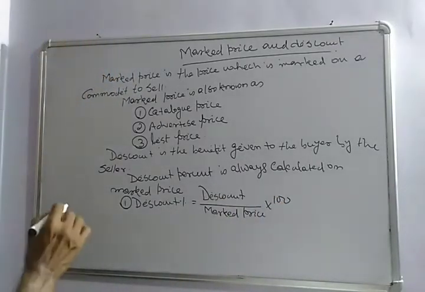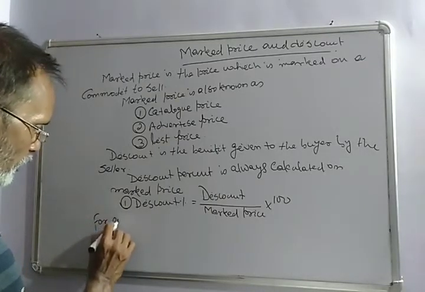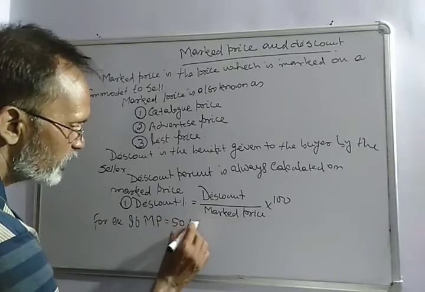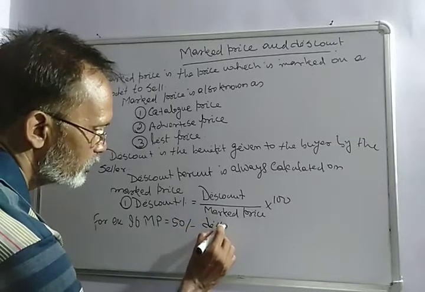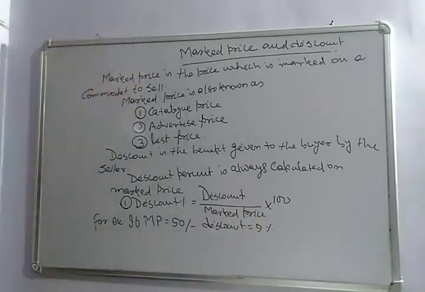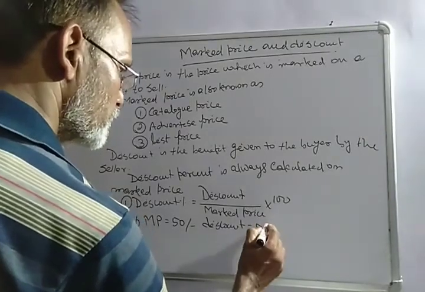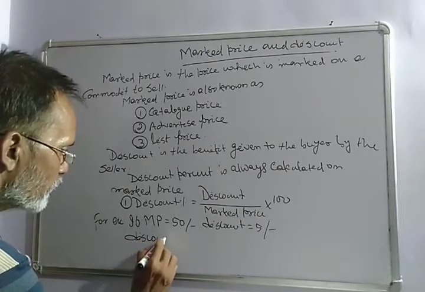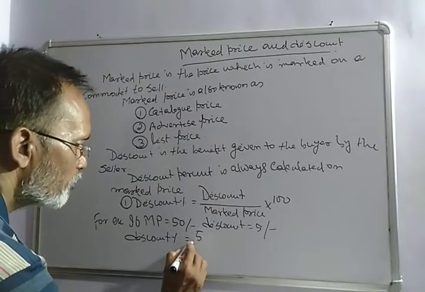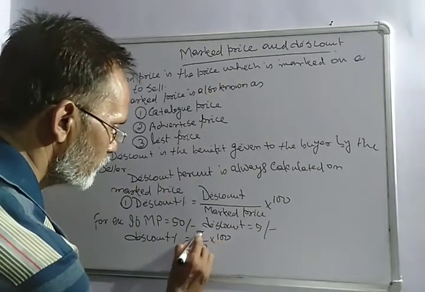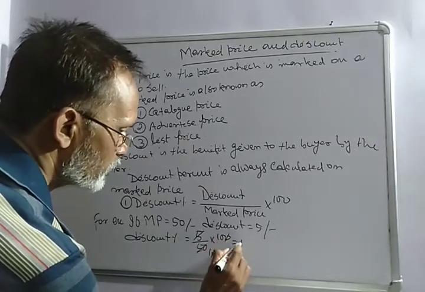For example, if market price is equal to 50 rupees, discount is 5 rupees, then discount percent is equal to 5 by 50 into 100, that is equal to 10%.